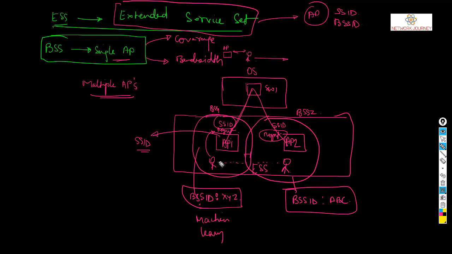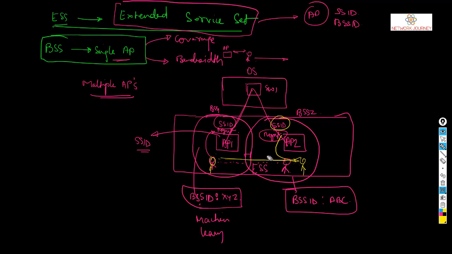Maybe he happens to move away from this access point, and as soon as he reaches the second AP, he will automatically get connected to the MGMT SSID without reconnection or without failing from the network. Maybe he was downloading a file while walking from this point to this point.